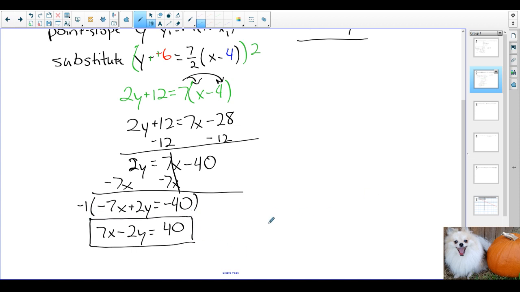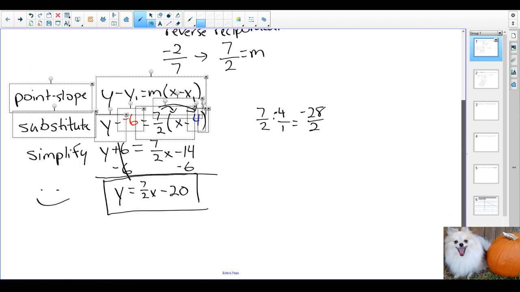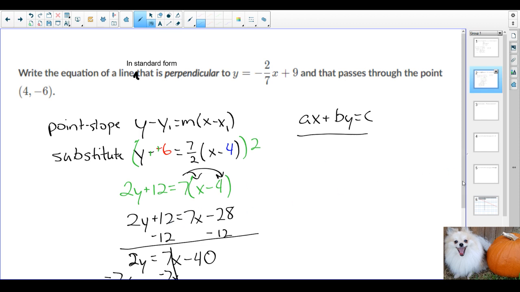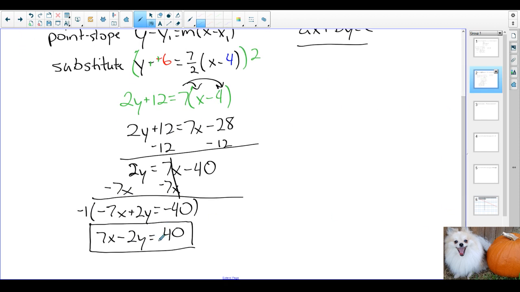And if we did this correctly, which I hope we did, I don't know, I'm kind of rushing through this. These two equations, 7/2 x minus 20, and this equation are equivalent. I think they are. Pretty sure they are. 90% sure.